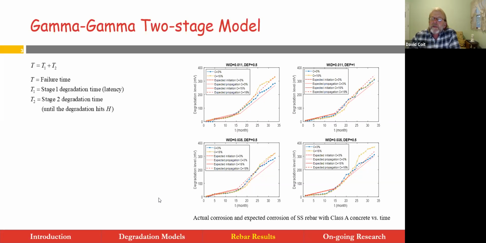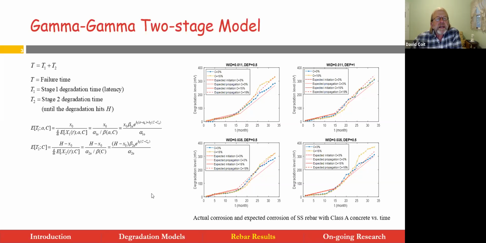Stainless steel has sometimes more randomness than the others. And this is not curve fitting. This is our model prediction. So you'll see some that aren't quite right, but mostly they are.